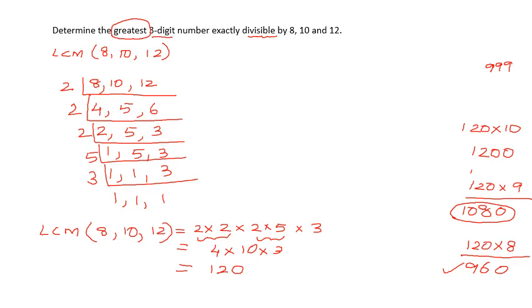960, children. So that is the greatest 3-digit number.